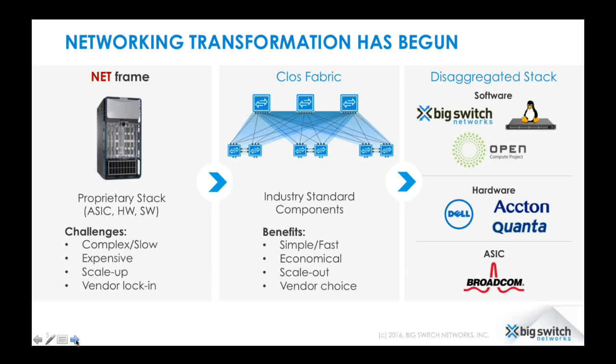So leveraging this fundamental industry transformation, Big Switch has created a scale-out leaf-spine cloud fabric product called Big Cloud Fabric, with a design that lends itself to operational simplicity, automation, while simultaneously being economical. So as we go through this webinar, we will dive deeper into the benefits of this next-gen fabric with Palo Alto Networks Next Generation Firewall, and we'll talk about it in the context of both VMware and OpenStack environments. So with that, let me turn it over to Sai.